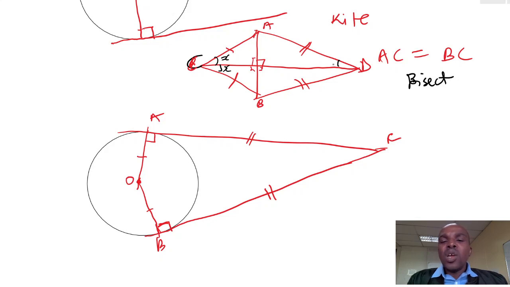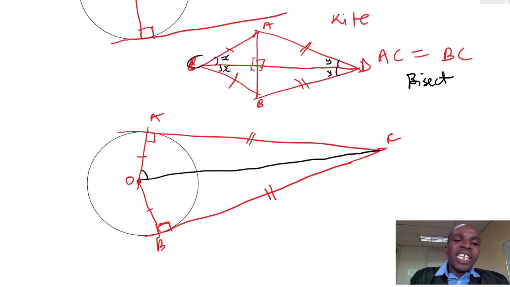So if this one is Y, this angle down will also be Y. If I join my line from O to C, then this angle at the center will be bisected into two equal parts. If this angle is X, then the angle down is X. If this angle is Y, this angle down will be Y.